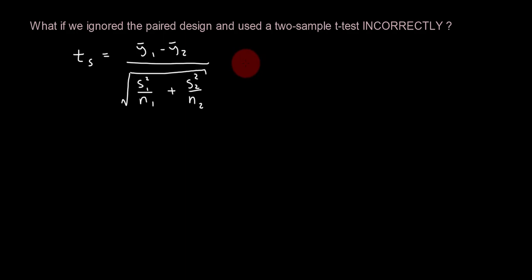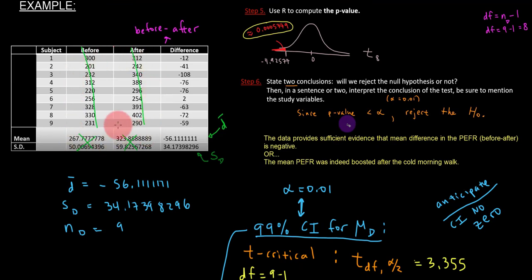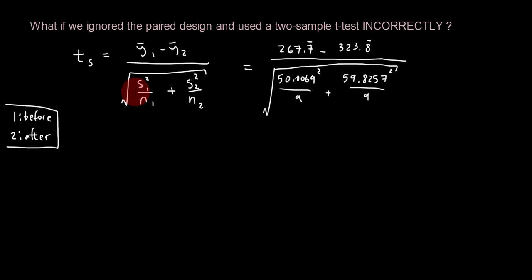If I scroll back up, I actually have all those numbers up here in this table. I've crossed them out from the previous video because you don't use those in the paired design. Down here I've got the mean of the befores and the afters and their respective standard deviations. I'm going to consider the befores as group 1 and the afters as group 2. So I've transcribed all those sample statistics into our formula here.